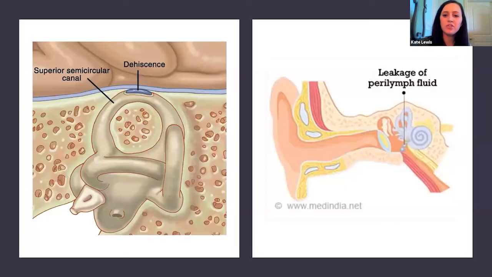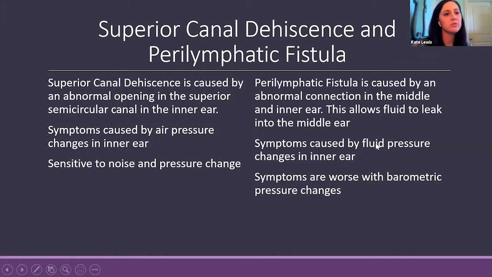A perilymphatic fistula is leaking of fluid from the inner ear to the middle ear. And so again, talking about that pressurized system, when we leak fluid, we have pressure changes and we get dizziness. Individuals with a perilymphatic fistula will notice that they're worse with barometric pressure changes.